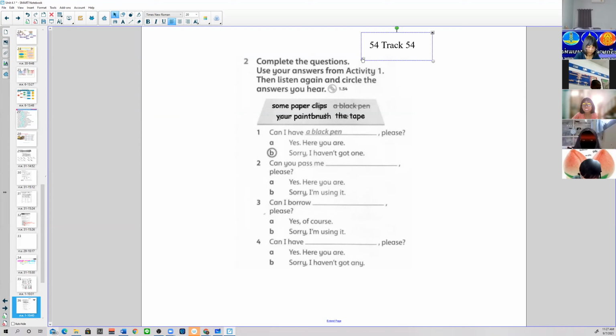Number 3. Lizzie, can I borrow your paintbrush, please? Oh, sorry. I'm using it. Never mind. Number 4. Mr. Taylor. Yes? Can I have some paper clips, please? Oh, sorry. I haven't got any.